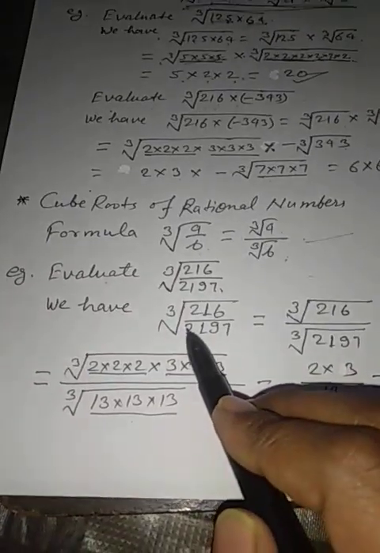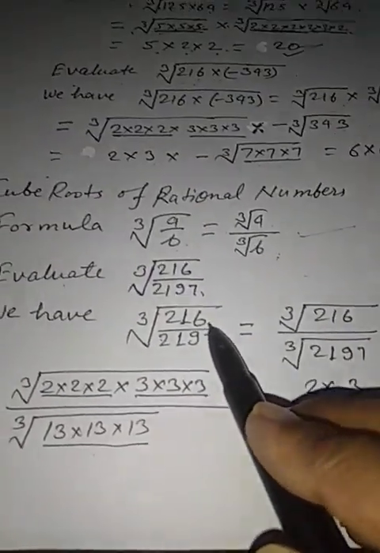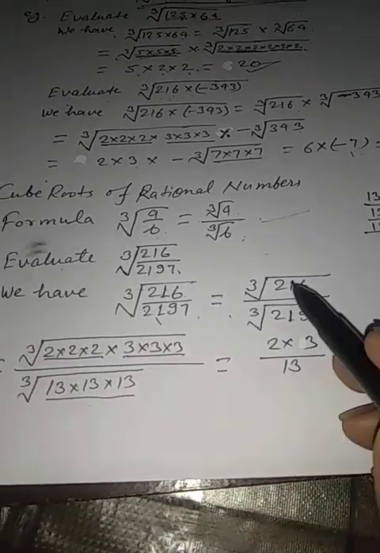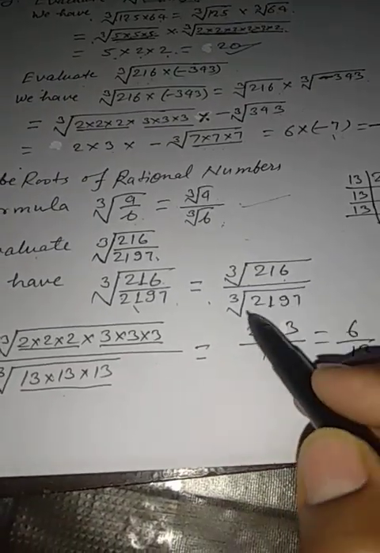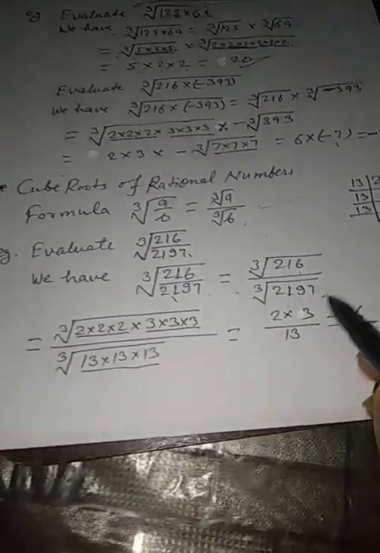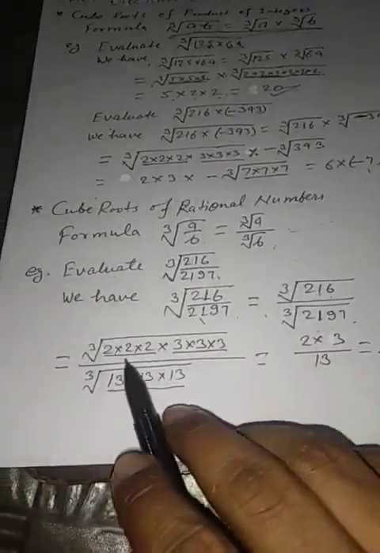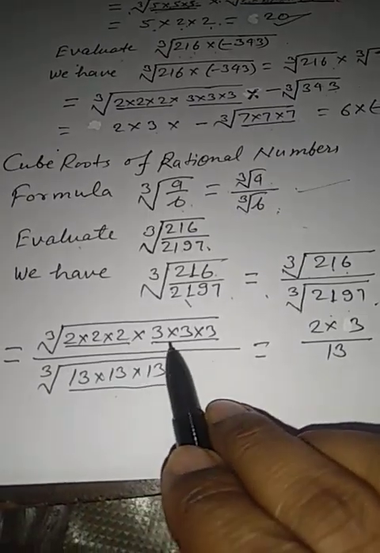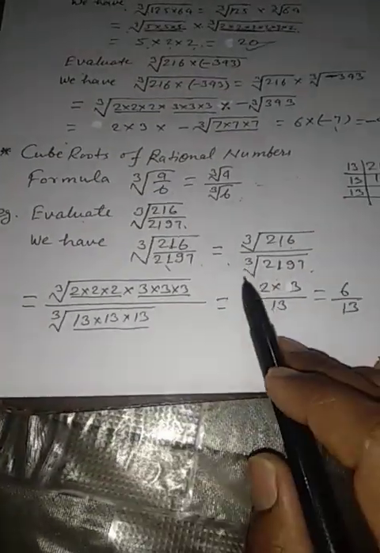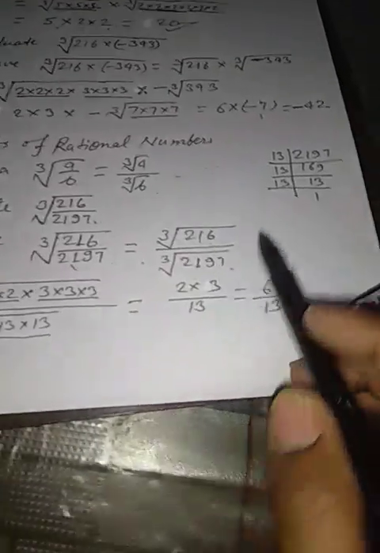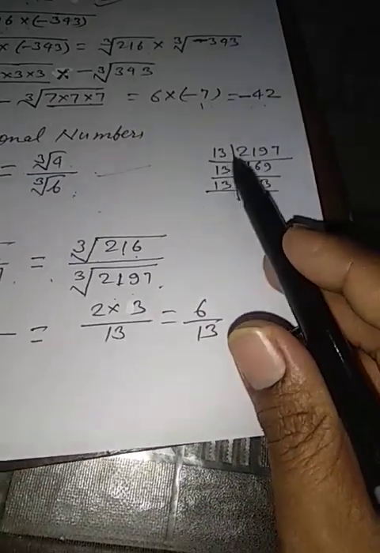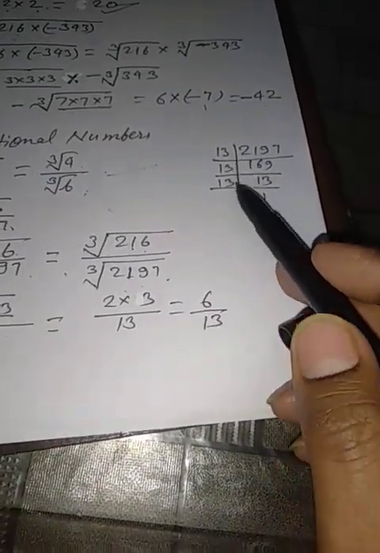Now we have cube root of 216 by 2197 equals cube root of 216 by cube root of 2197. For 216 I can write 2 into 2 into 2 into 3 into 3 into 3. For 2197, I am finding the prime factorization, which is 13 into 13 into 13.